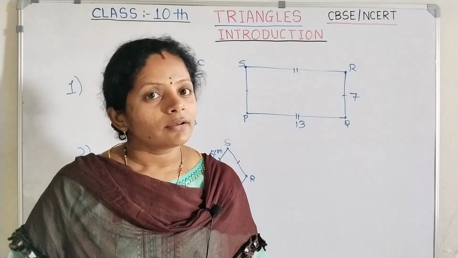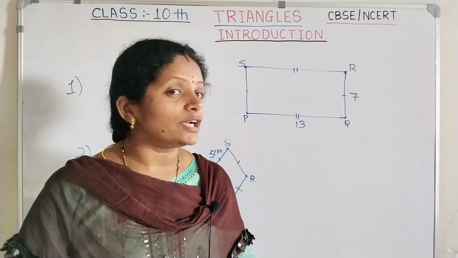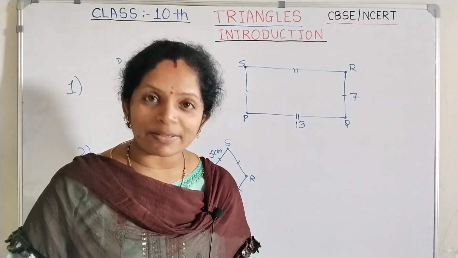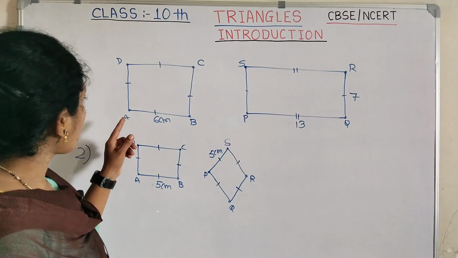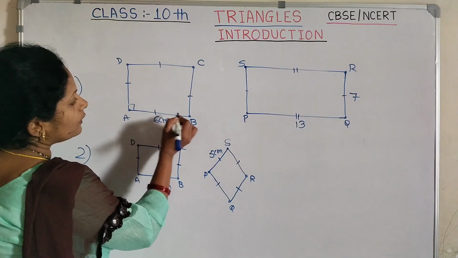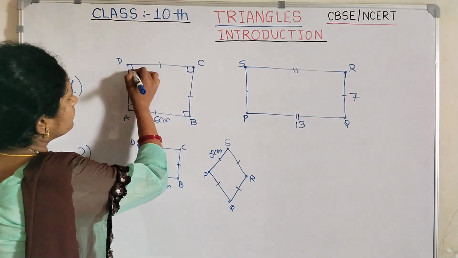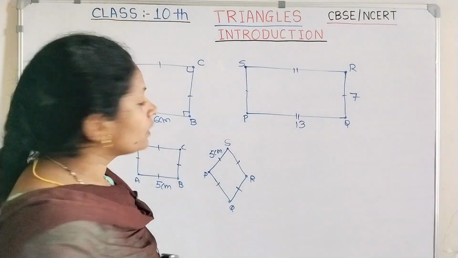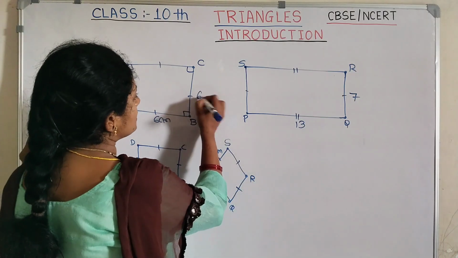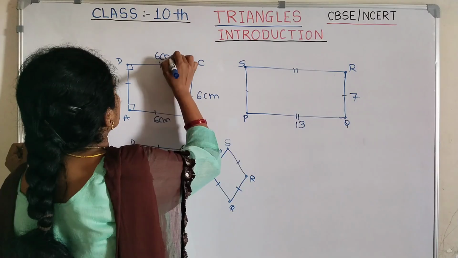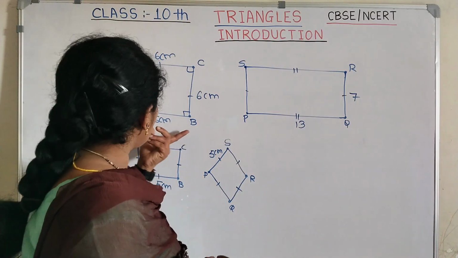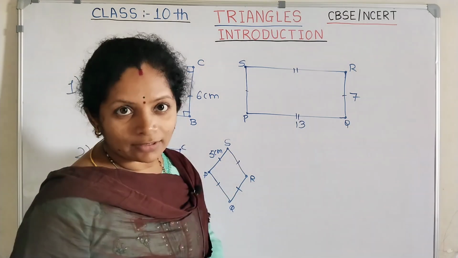Here, I have drawn two types of figures. Let us see whether these two figures are similar or not. We can see here, as every side is equal, it's a square which has the side as 6 centimeters, means every side will be 6 centimeters. In a square, every angle is a right angle.